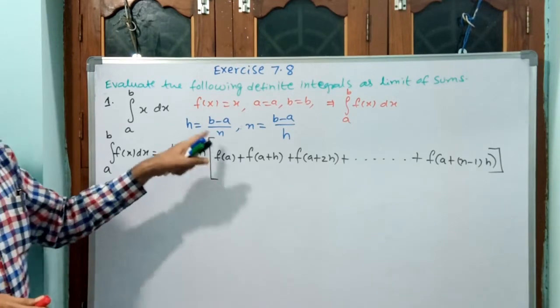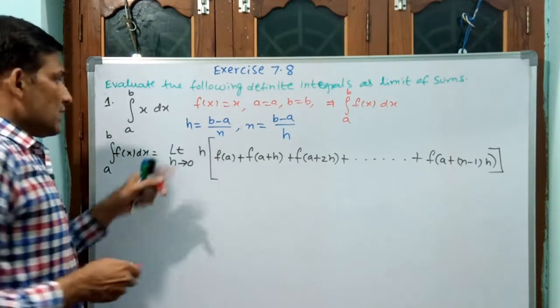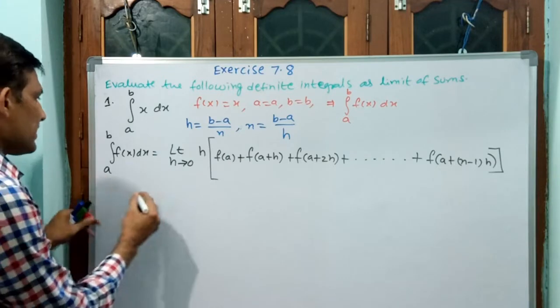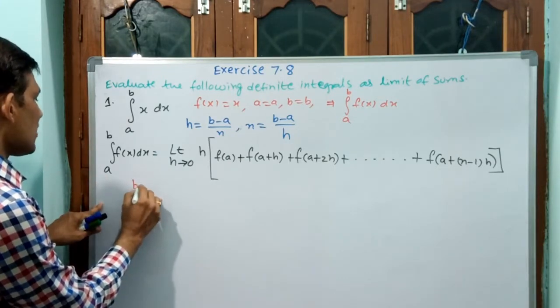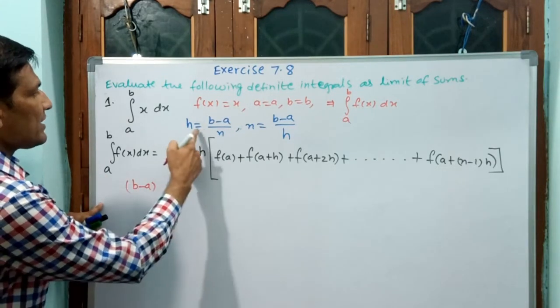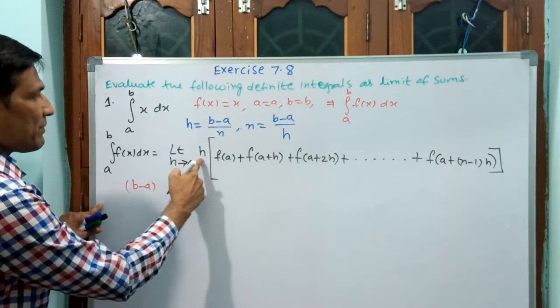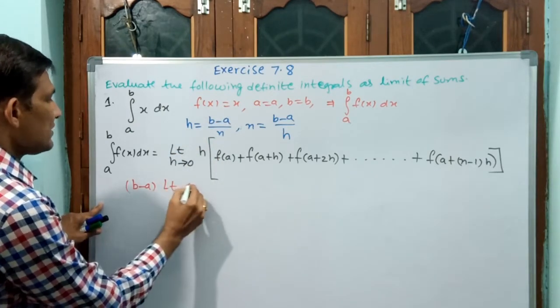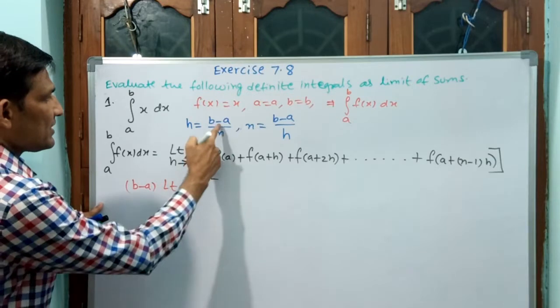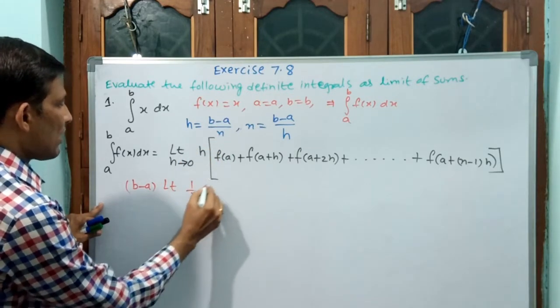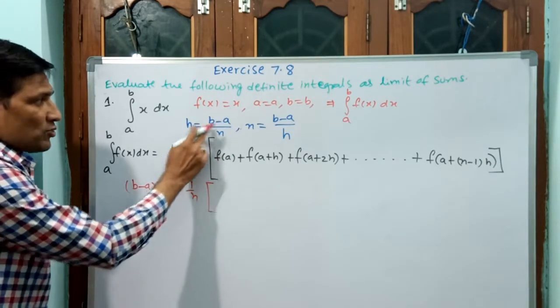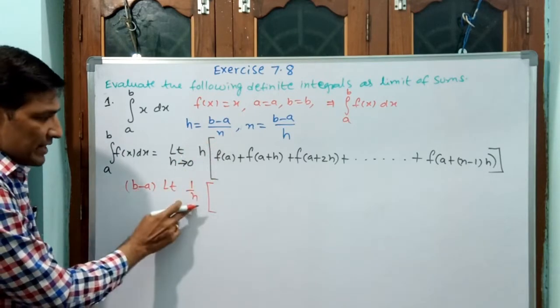We know h is equal to b minus a by n, and b minus a is constant, that is why I am taking it out. Now b minus a I have taken, and 1 by n, where h I am replacing with b minus a divided by n.